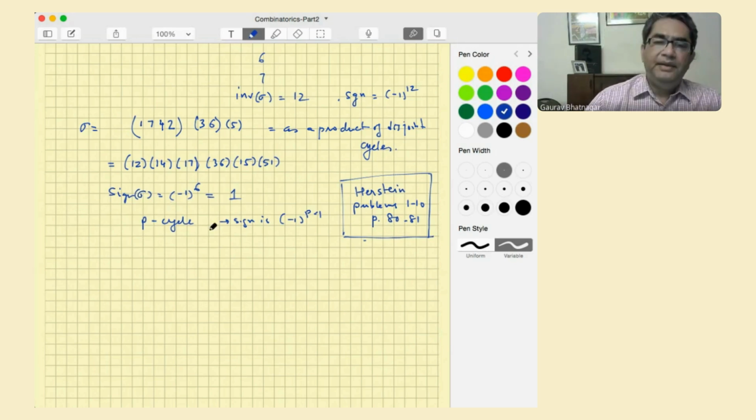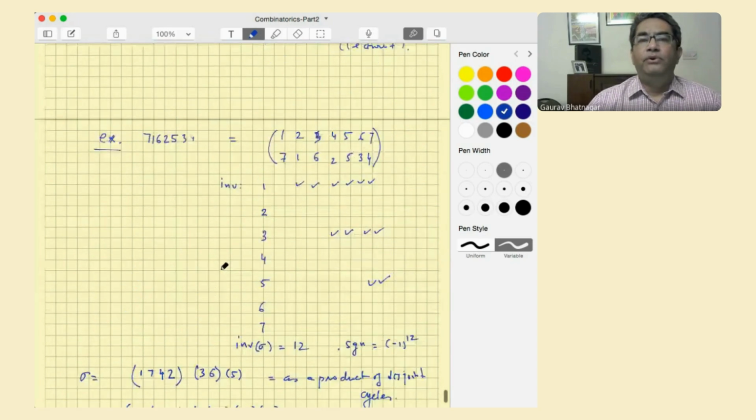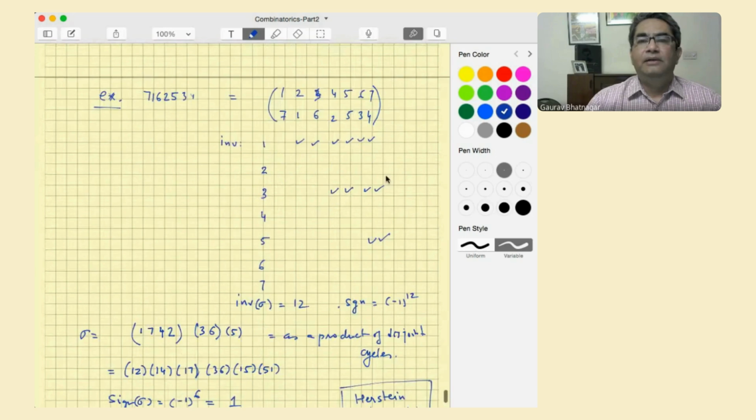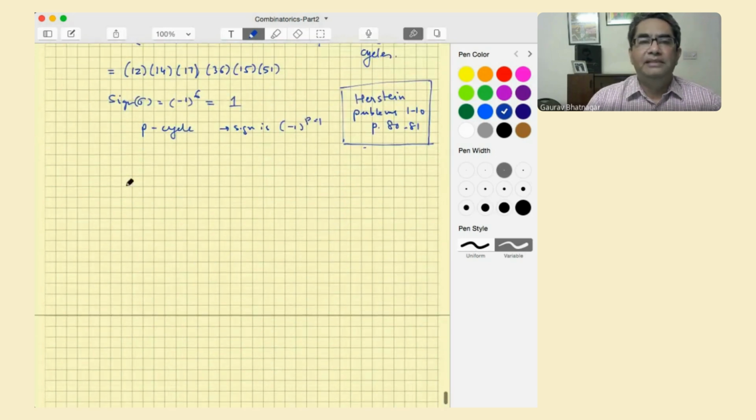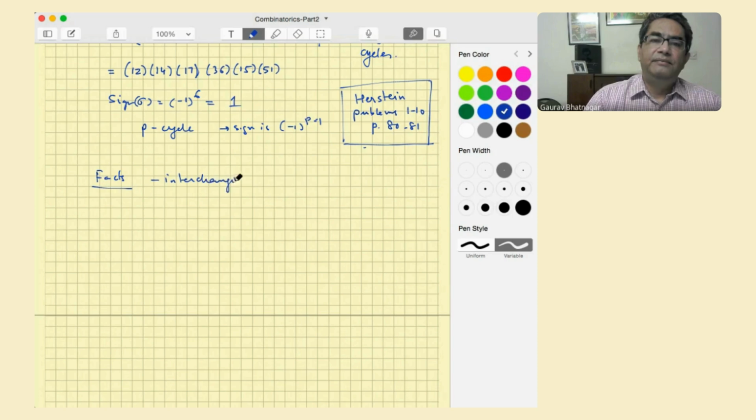Okay. Anyway, I won't bore you with what my linear algebra prof taught me. I'll just tell some facts about determinants: interchanging one row or column changes the sign.